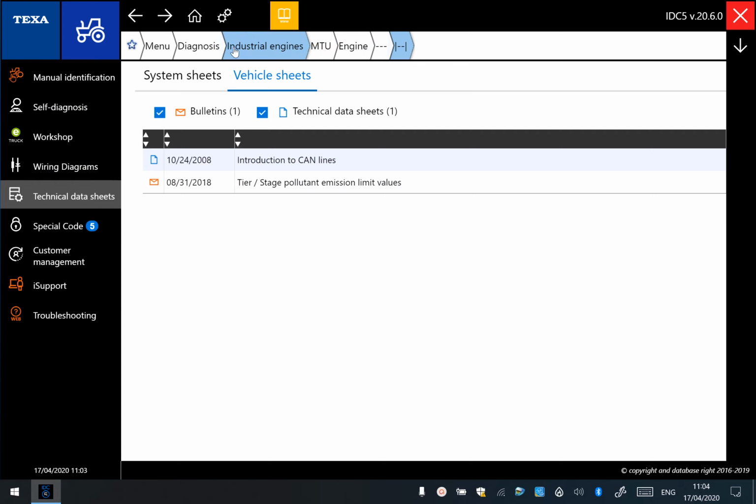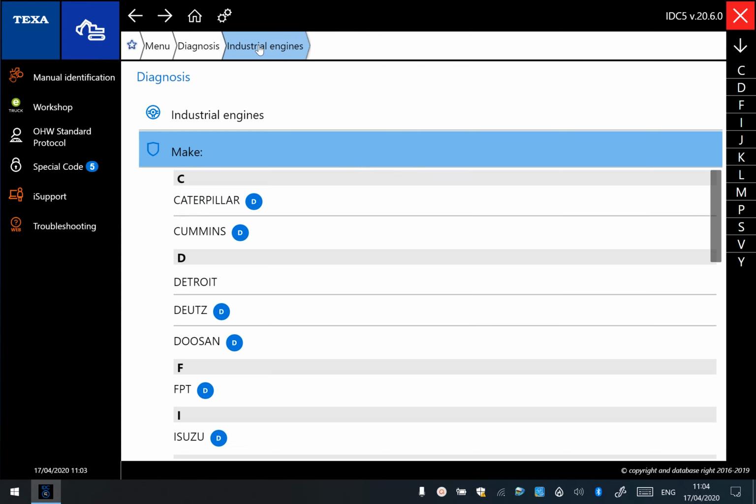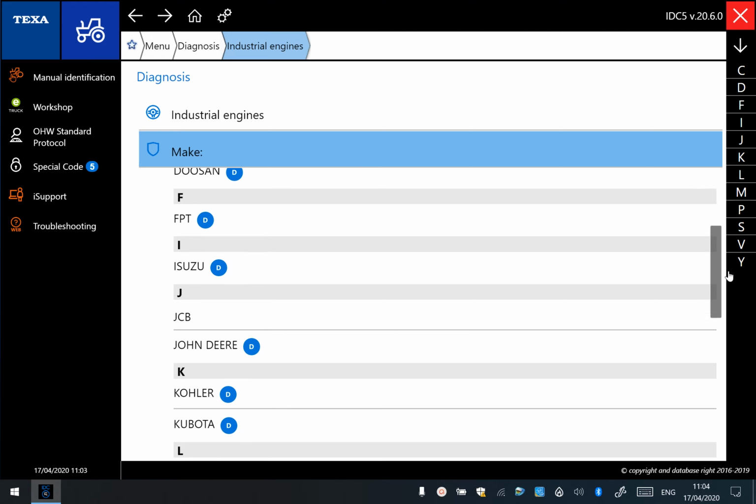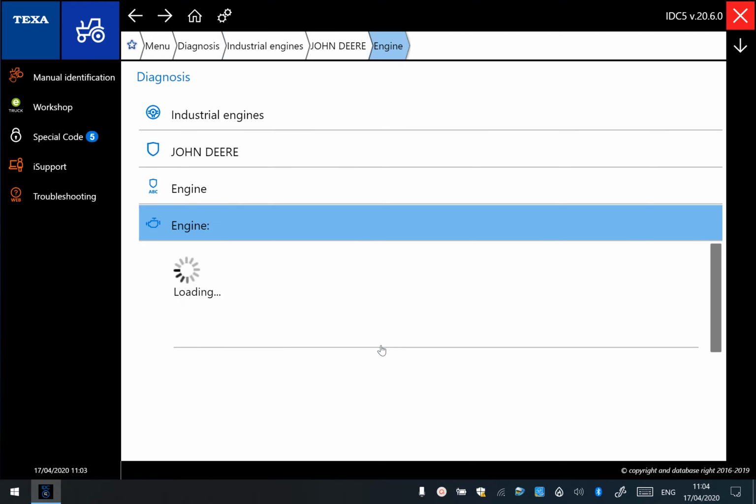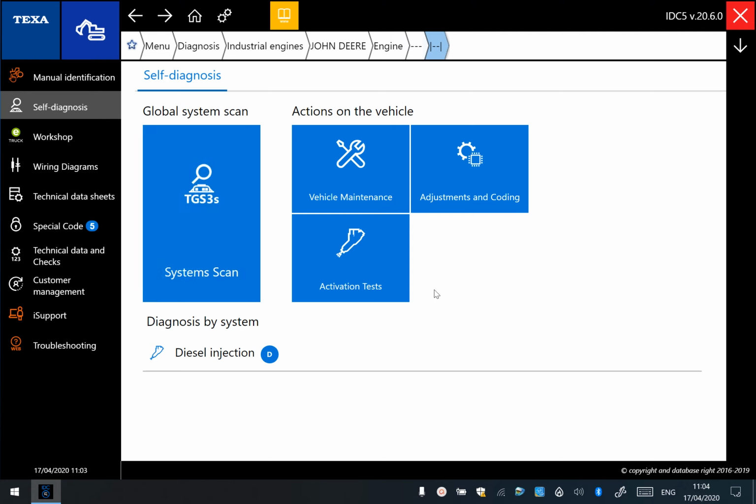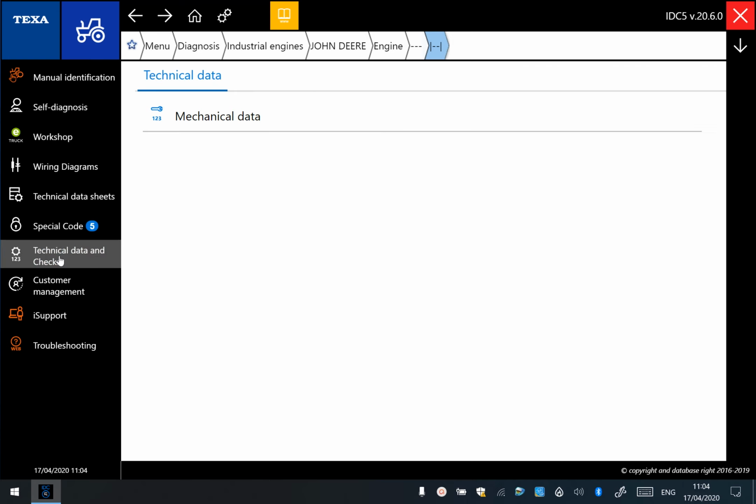So we'll just come back to industrial engine. So we'll come out of the MTU. I just wanted to choose John Deere as an example, just to show you another area of information that we've got. So again, you can see a similar format, but just on this left-hand side here, the additional technical data and checks. Now this is on a lot of them, but not all. It's more like car and truck, where we click into this and it's the mechanical data.